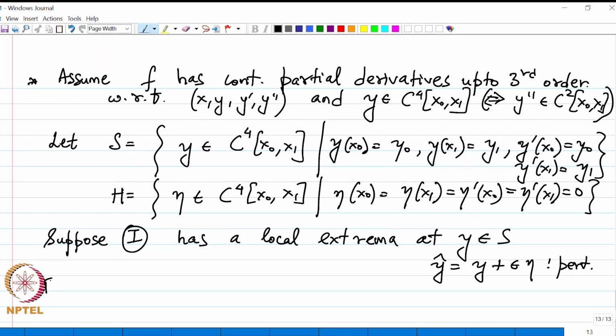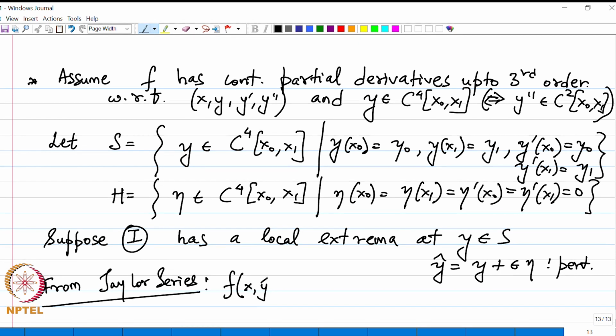So, from regular Taylor series expansion, I can rewrite my integrand in 1, which is f at the perturbed value, which is f of x comma y hat, y hat prime, y hat double prime, in terms of the value at the extremal point or at the extremal function.